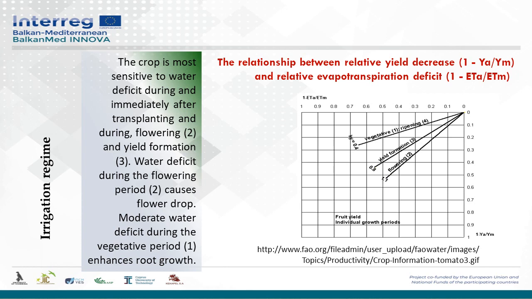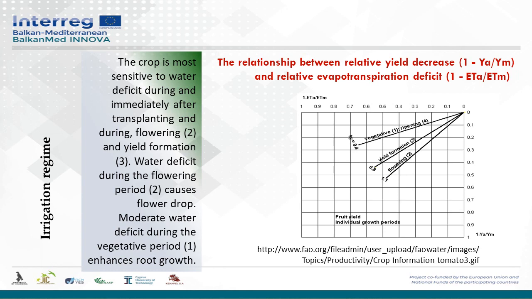For example, at the vegetative stage and also at the ripening stage, there are small correlation coefficients, something like 0.4, which means that a slight reduction or light water stress in this period will not have any significant effect on the final tomato yield.